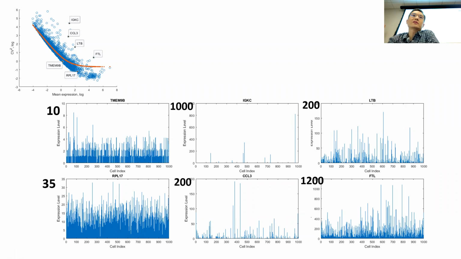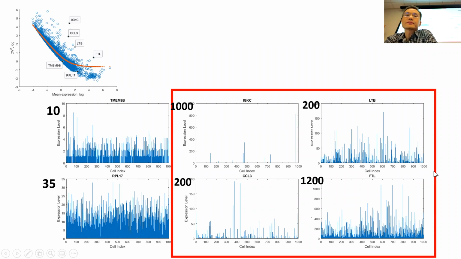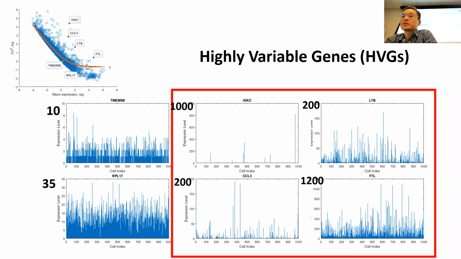That tells you that those highly variable genes, once they are expressed in those cells, the expression level is extremely high. But once they are not expressed, it just shuts down in the cells. Okay, so these are the highly variable genes. Any questions for this? Okay, that's the way you detect highly variable genes.